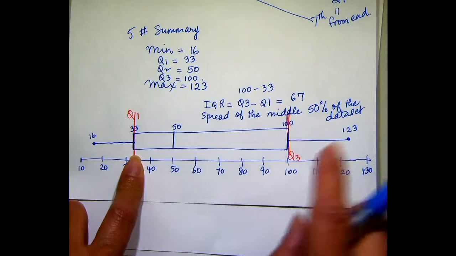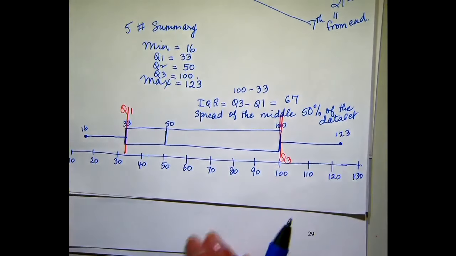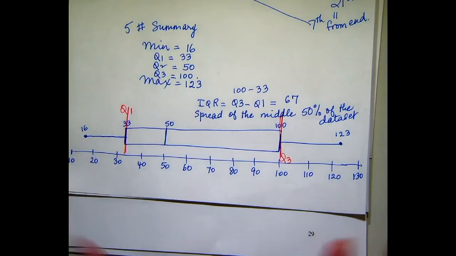Are you with me, or may I answer some questions for you? So this is one box plot. You can have many box plots right next to one another so you can compare many distributions.